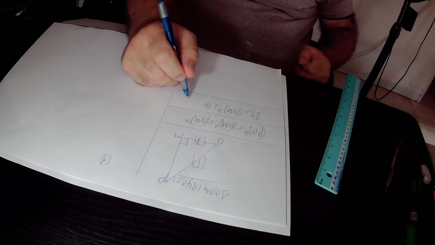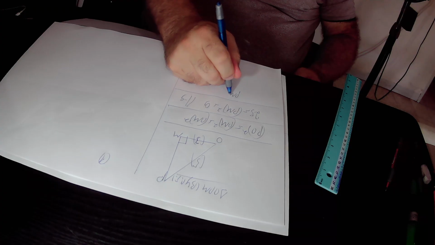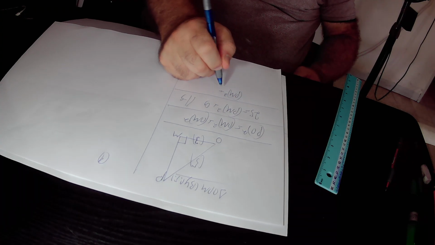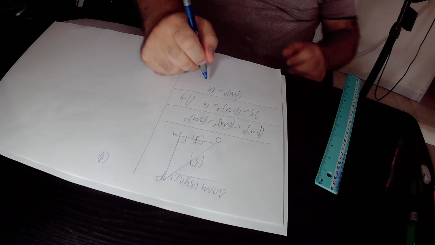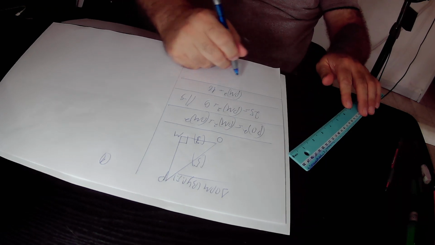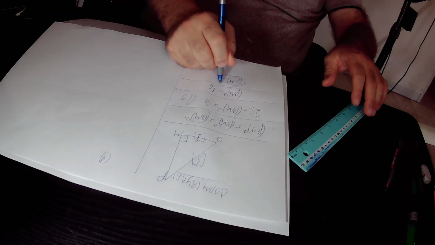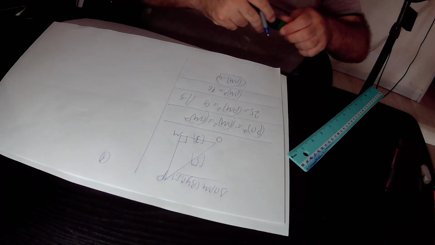Here we subtract 9 from this equation and finally get that PM squared equals 25 minus 9, which is 16. So PM squared equals 16. Here we take a root of this equation and finally get that PM equals the square root of 16, that is 4.